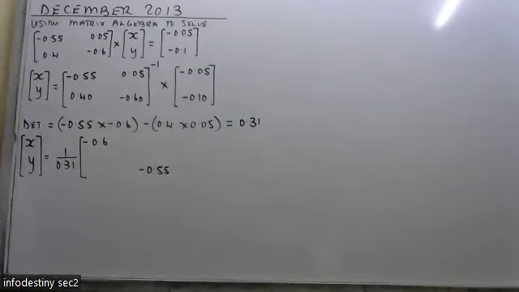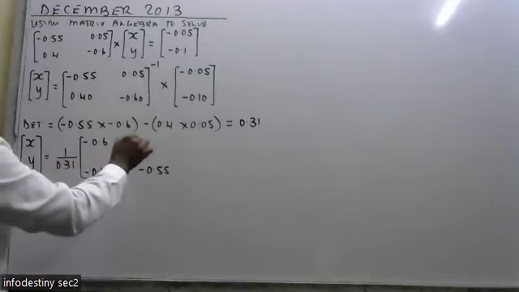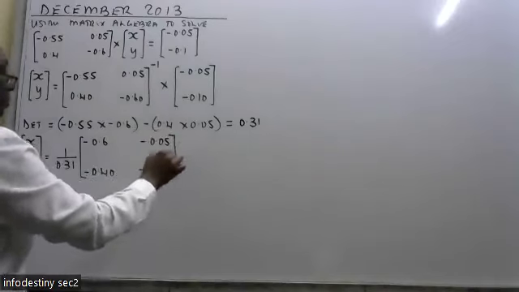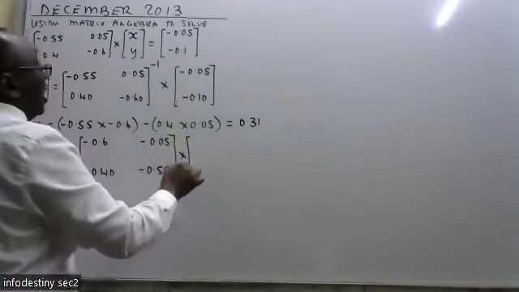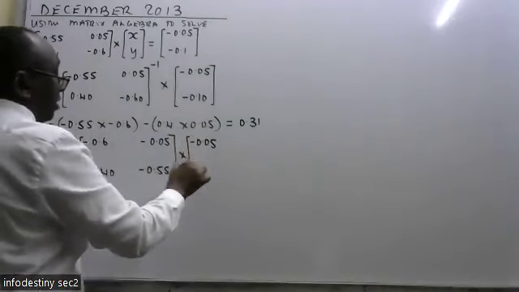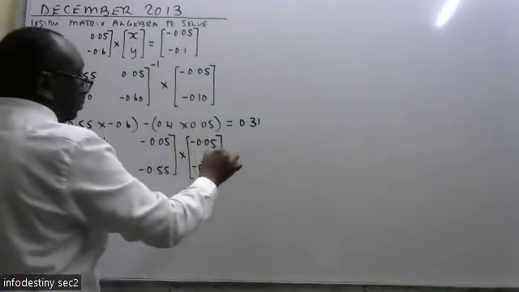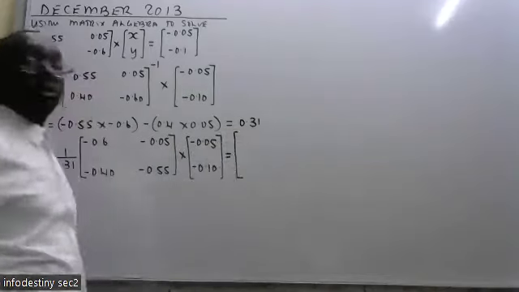Then you change the signs of the minor, so this becomes minus 0.40 and this becomes minus 0.05. Now this is coming in to multiply negative 0.05, negative 0.1. Continue to the end and give me the two answers.